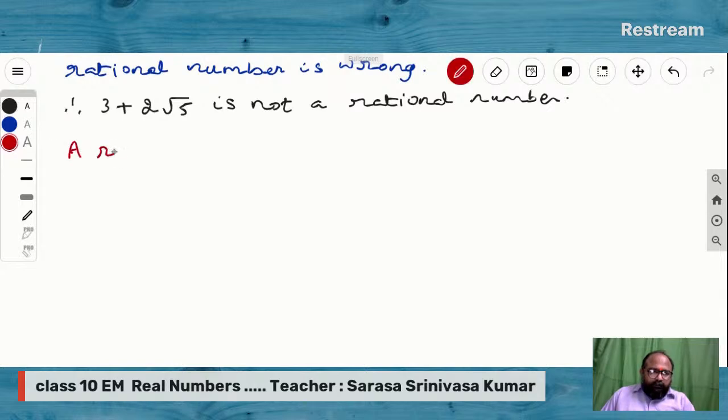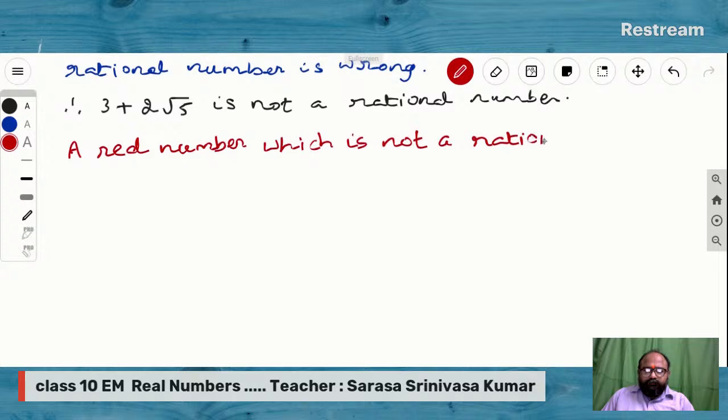A real number which is not a rational number is called an irrational number.